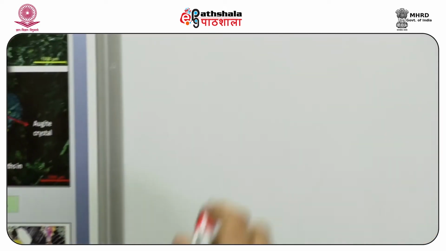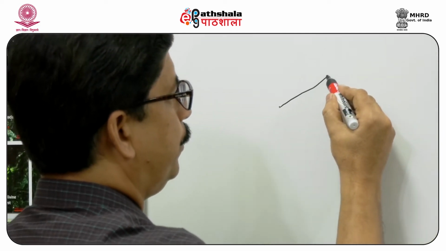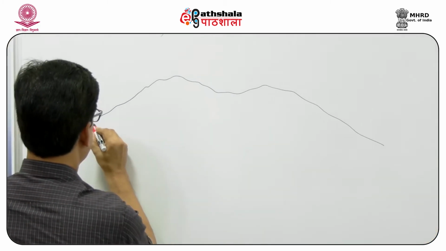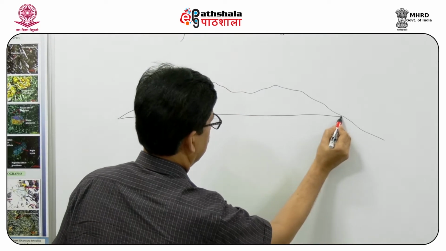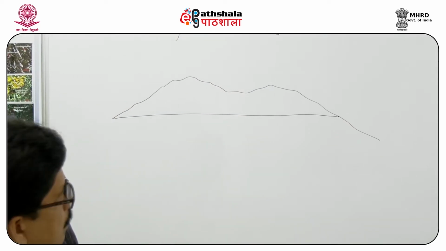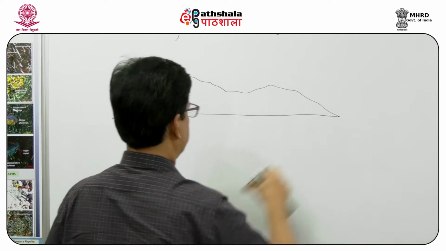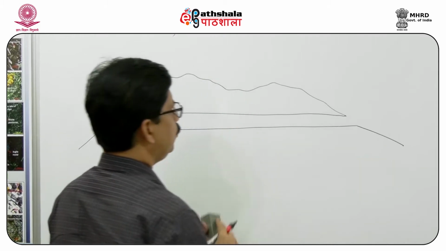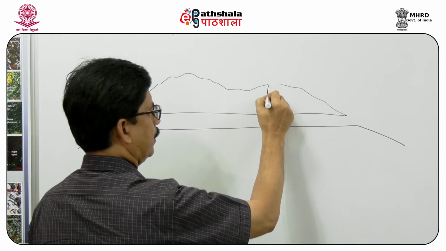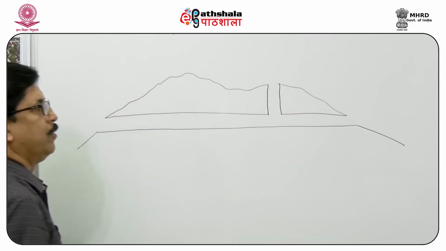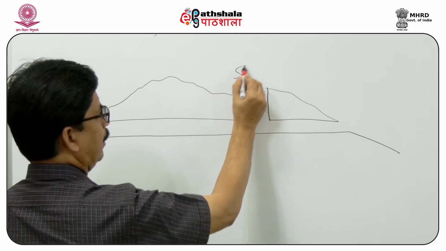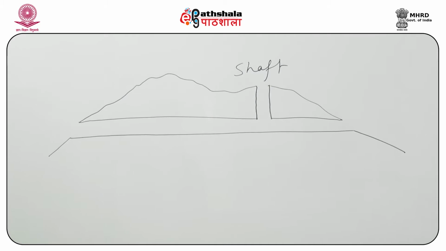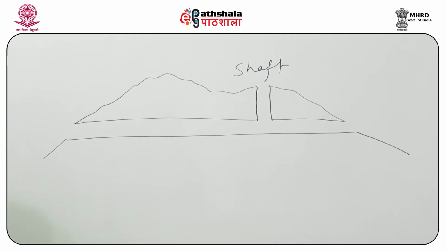Now there are different associated parts of the tunnels. For example, if you have a hill which is to be crossed by a tunnel, then we also have some extra excavation. For example, you may have a vertical opening which is used as a shaft, which may be used for carrying men or carrying machines.